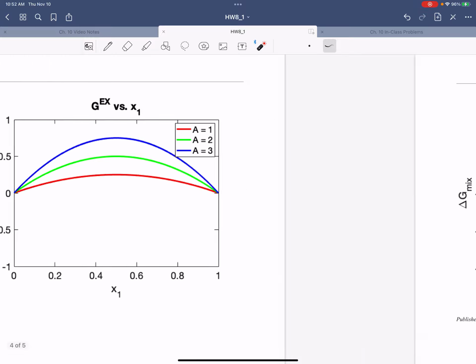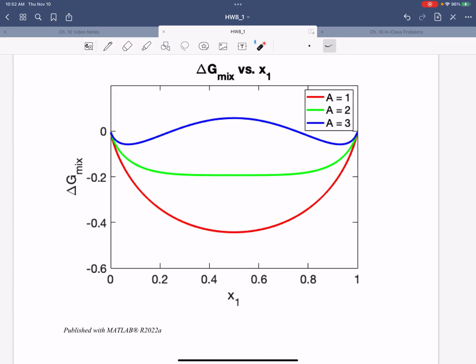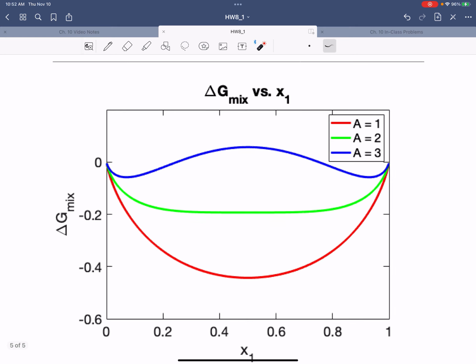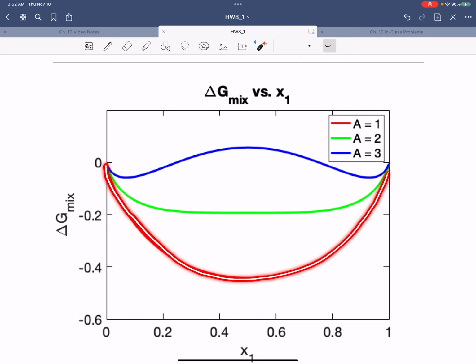All right. And so, we looked at the two terms individually, but now let's look at them when we add them together. Okay? All right. And so, qualitatively, we see that we get three different shapes here. For the case where A is equal to 1, we see that we still get just a parabola.